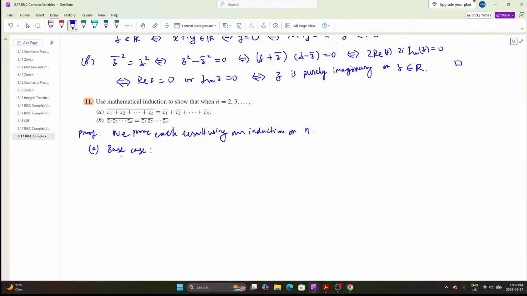So you have the base case n equals 2, z1 plus z2 quantity bar equals z1 bar plus z2 bar. That's just exactly what we've seen earlier. That's property number 4, which is true.